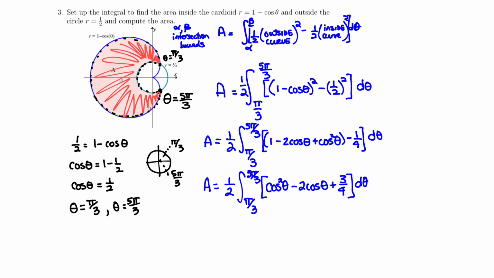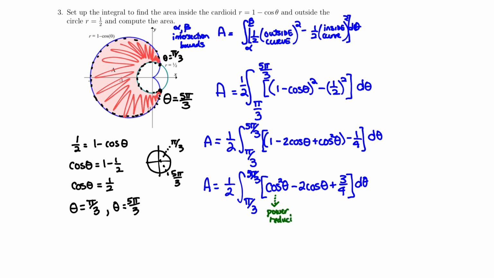What do you do, Drew? Well, can't you just separate them? We can separate them. Absolutely, I would separate them. I love your brain. And if you separate them, then how are you going to integrate cosine squared? Well, can you just change cosine squared to?